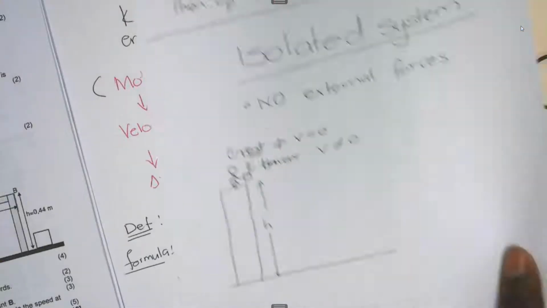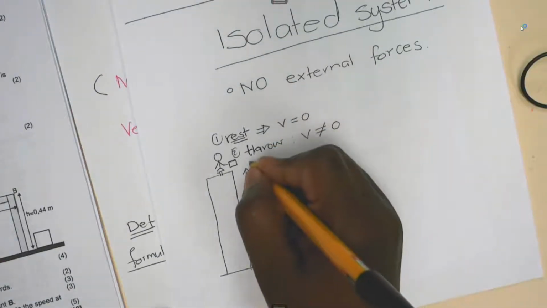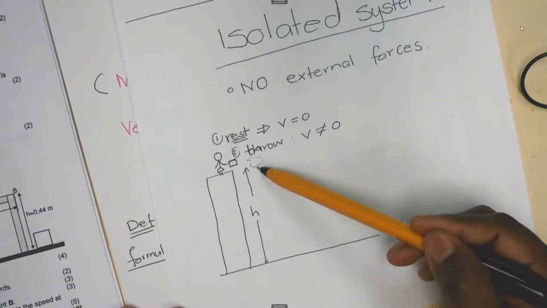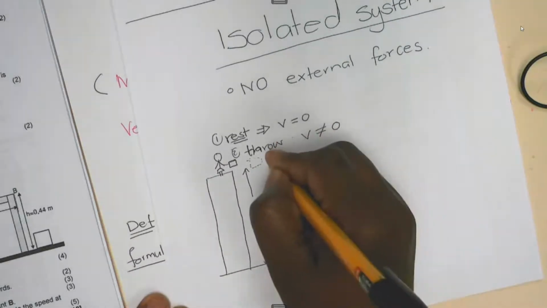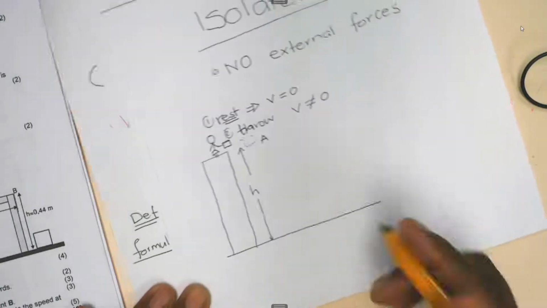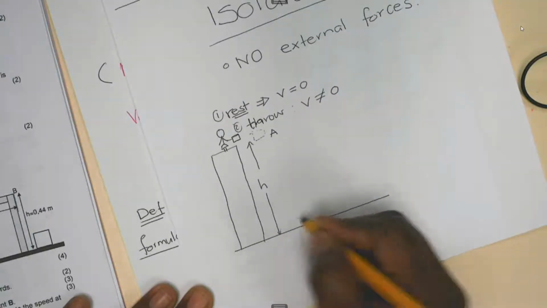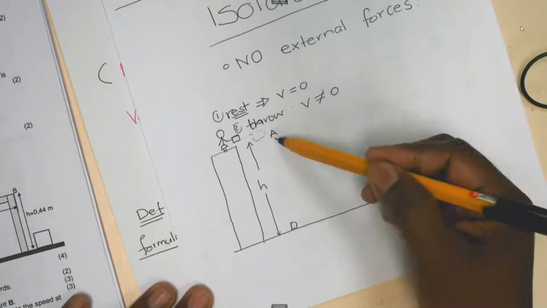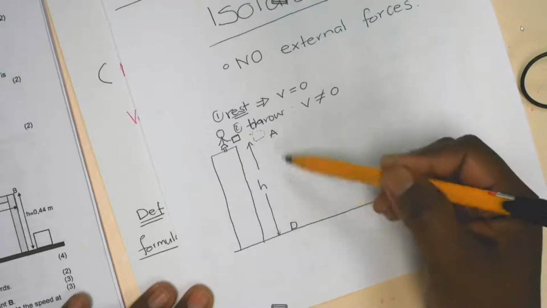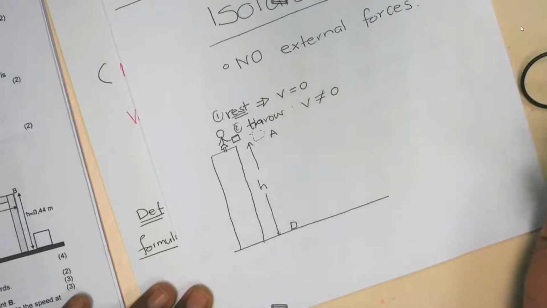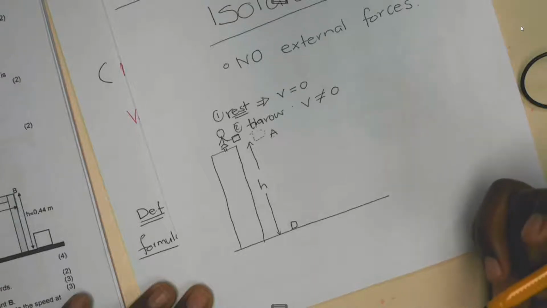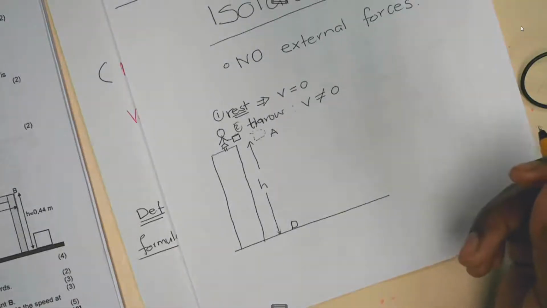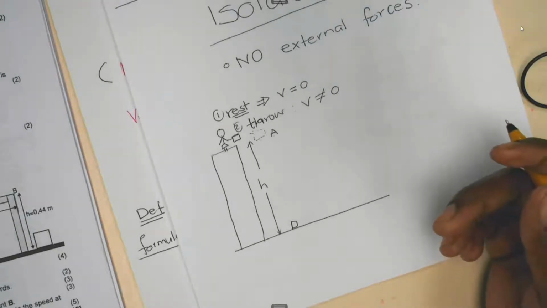Now, this object, here's my stone, as it moves from this point to this point, let's say this is point A and this is point D. Between point A and point D, there will be a transfer of energy. I think we're familiar with the fact that energy cannot be created.